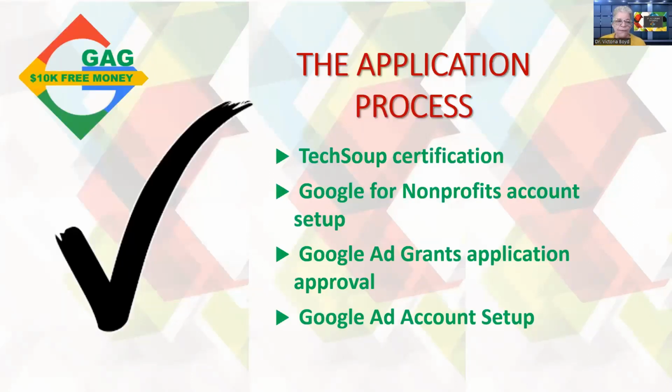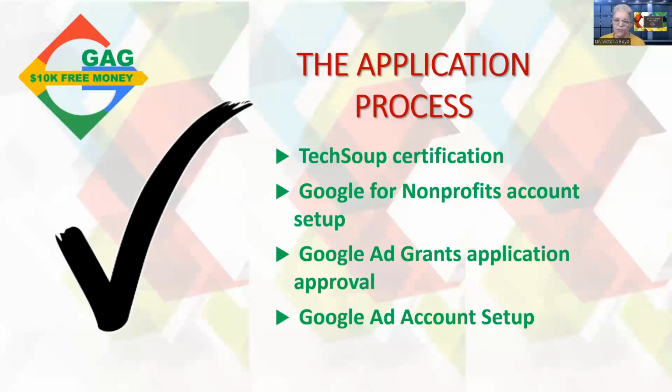Now, let's talk about the application process. You've seen some of the reasons why. As a nonprofit, you have to go through a certification process with what is called TechSoup. It's an organization that certifies you as a nonprofit. You have to enter your EIN number, and it will verify it through various databases and channels that they use.